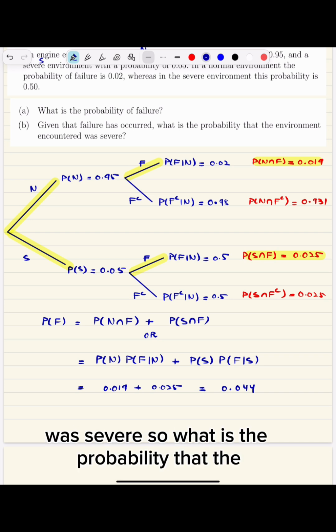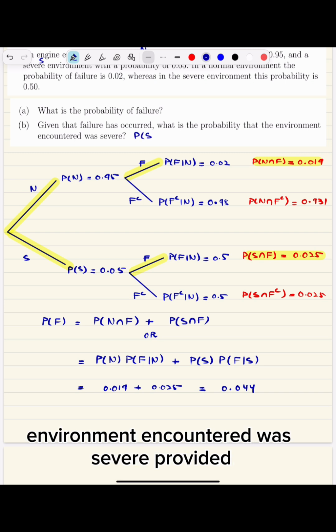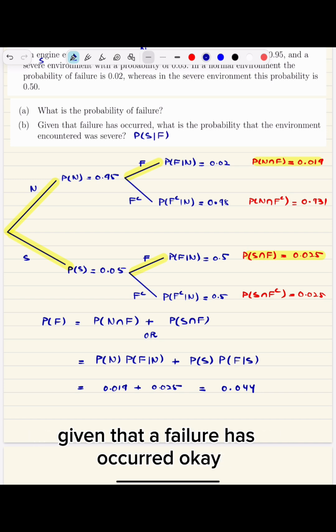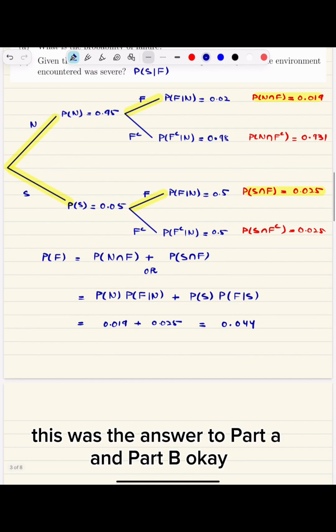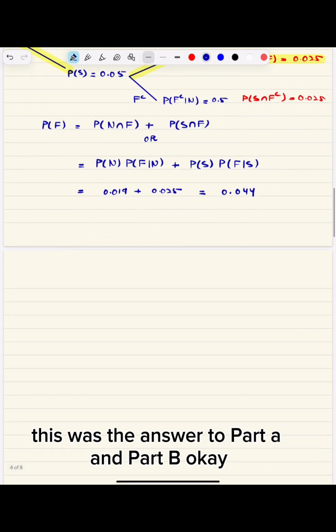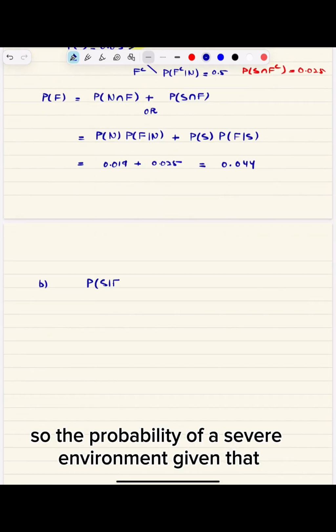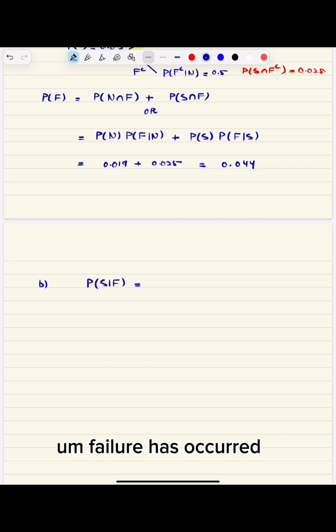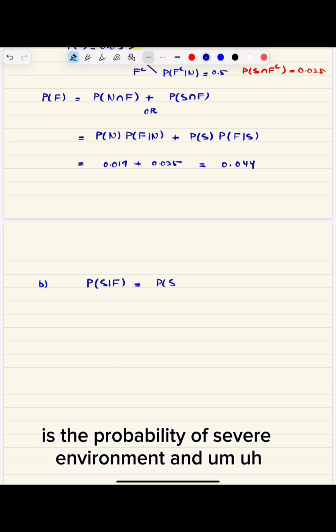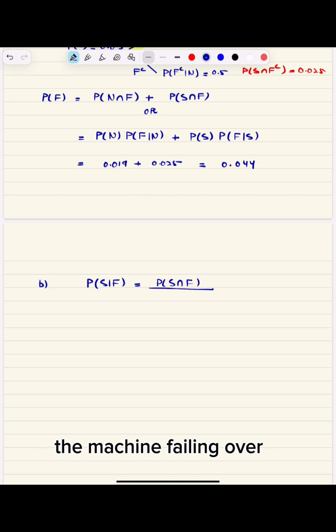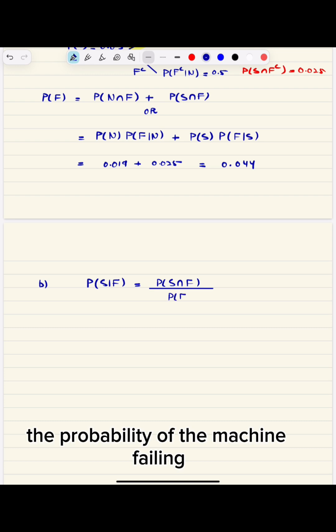Okay, so the next question says, given that a failure has occurred, what is the probability that the environment encountered was severe? This was the answer to part A and part B. The probability of a severe environment given that failure has occurred is the probability of severe environment and the machine failing over the probability of the machine failing.